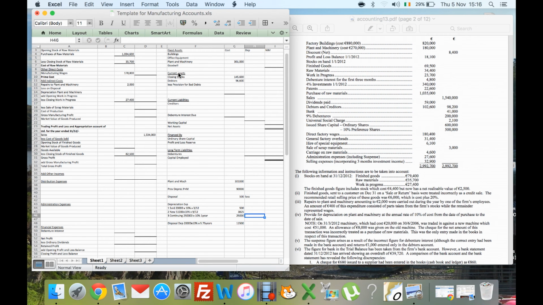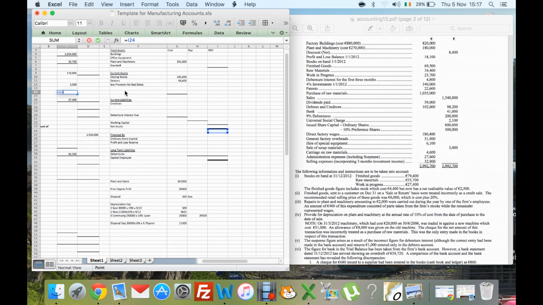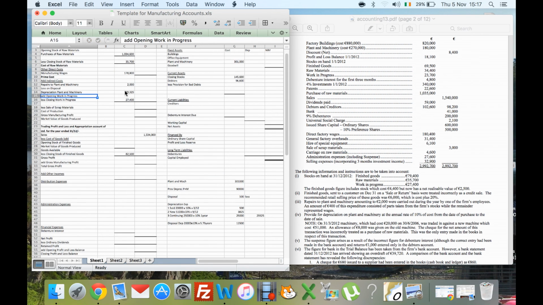Okay, so my total expense is that number, and this is depreciation plant and machinery, which is 29,325. Now I have to fill in my provision for depreciation, which has to go up here.